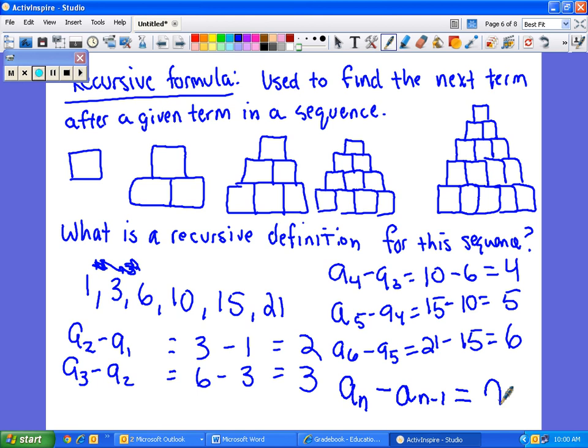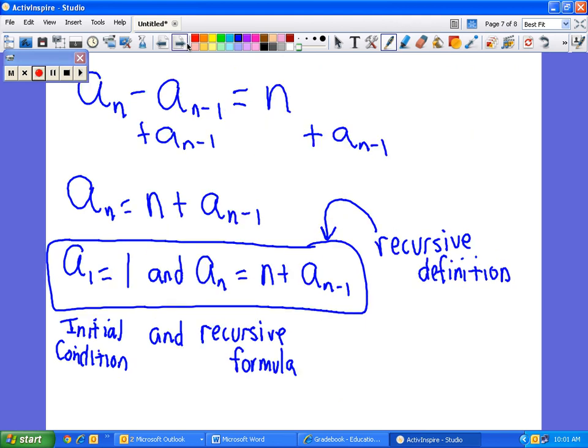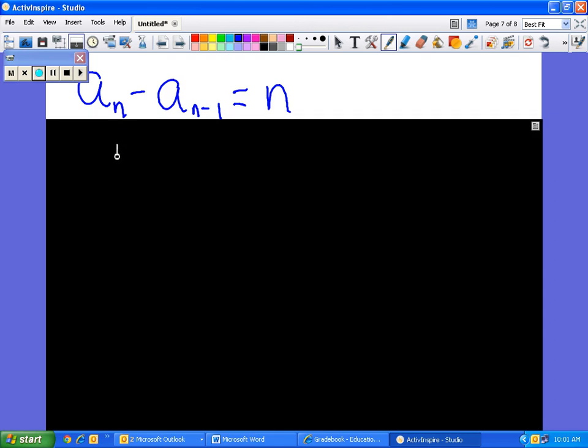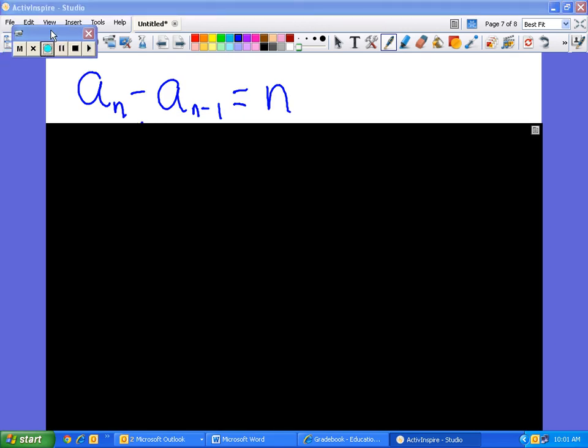So the last thing that we need to do is write the recursive definition. What we're going to do to find the recursive definition is solve, quote unquote, for a sub n. We want to know what a sub n equals. In other words, we want to take this formula and make it into something where if I just plug in a number, it tells me what the answer is going to be.